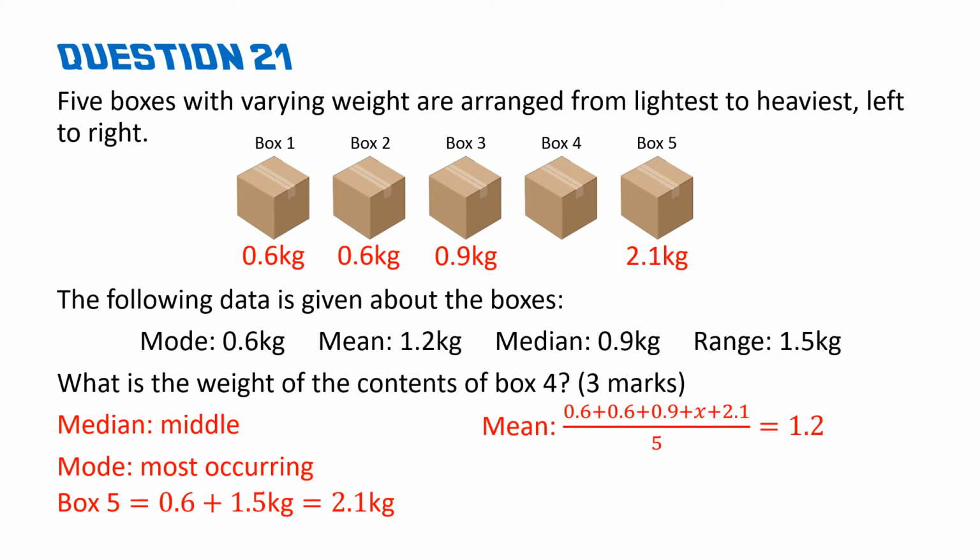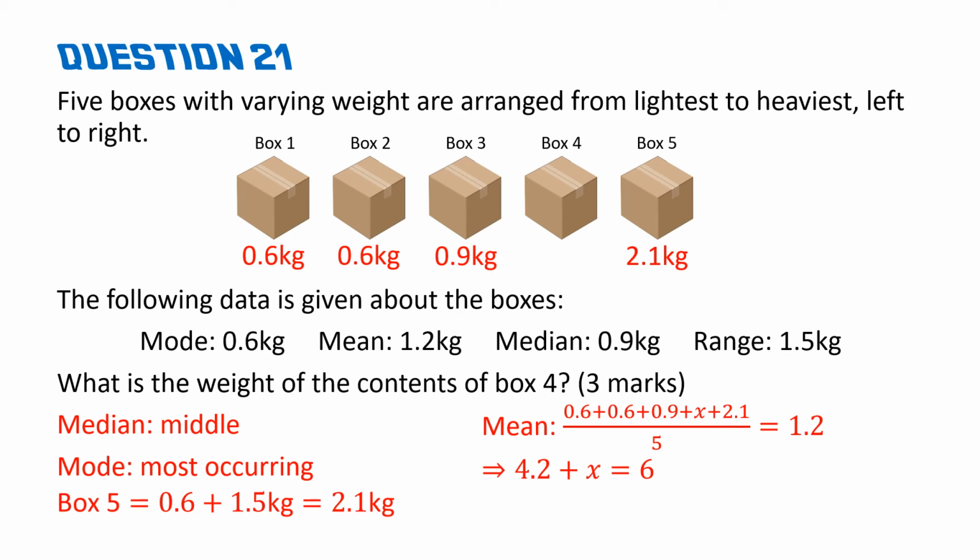So what I'm going to do is multiply both sides by 5 to get rid of the 5 on the left-hand side. Then I add those numbers together, 0.6 plus 0.6 plus 0.9 plus 2.1, that equals 4.2. So now 4.2 plus x is equal to 1.2 times 5, which is 6.